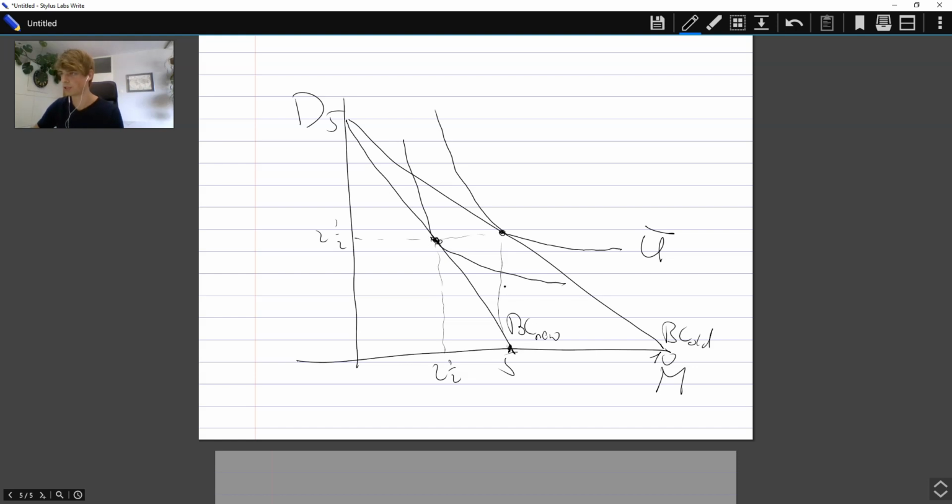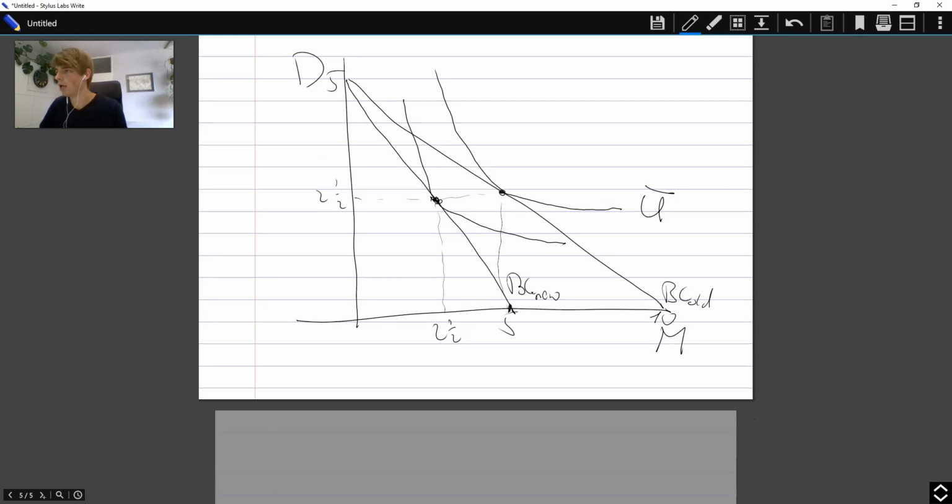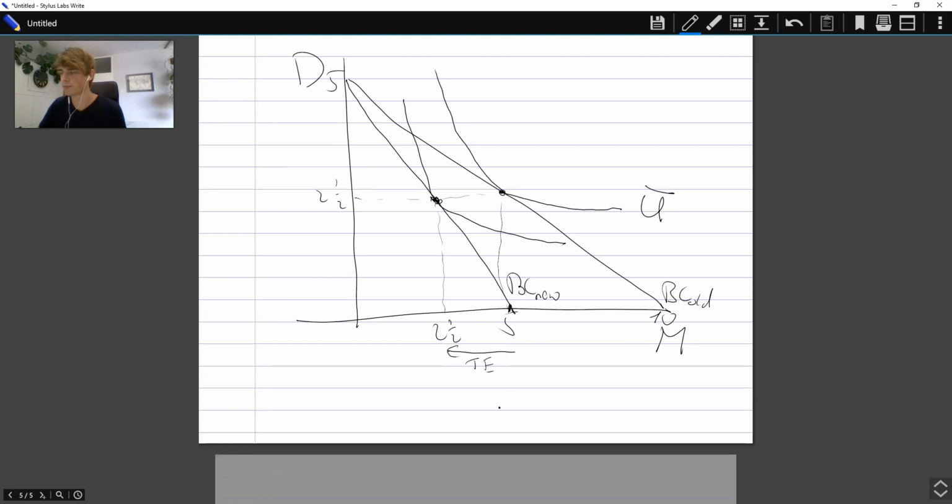So now we went to this situation. Okay, so this is the total effect. So how do we decompose this effect into the substitution effect and income effect?